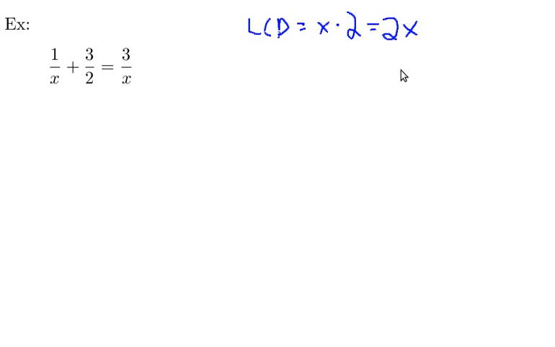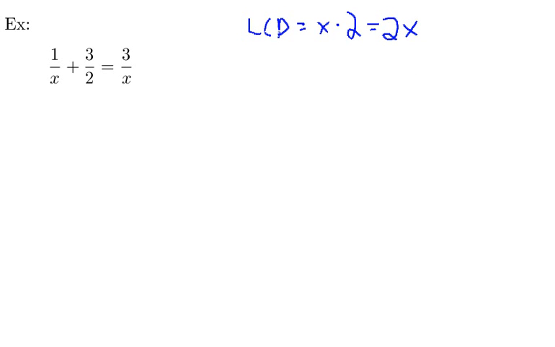So we can multiply all terms by the lowest common denominator, because the lowest common denominator will include all denominators as a factor of it. That's why it's called a common denominator, because it includes all of the denominators.